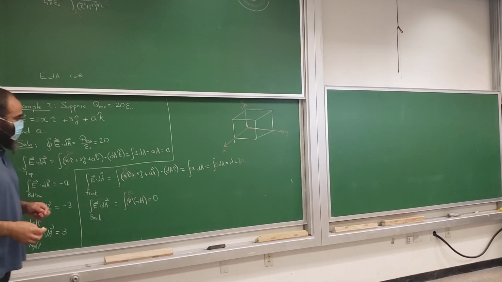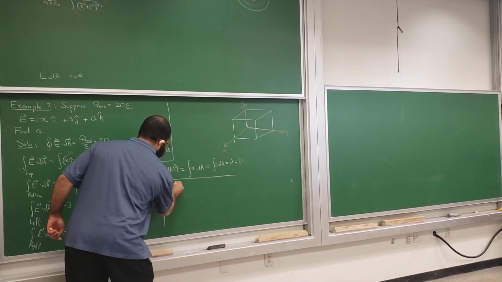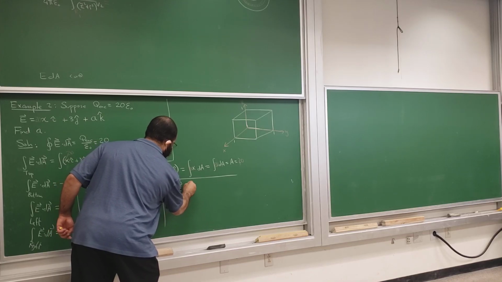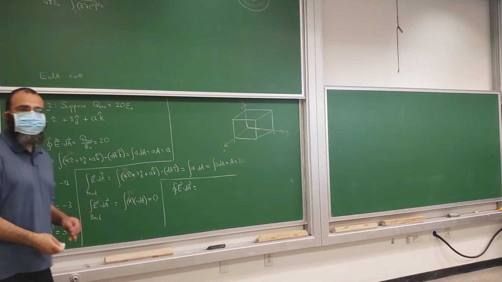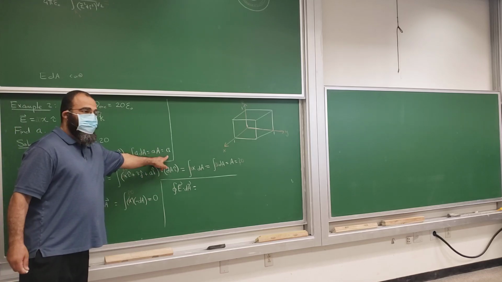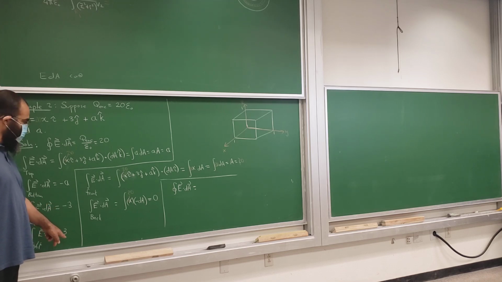So, what's the total flux? To get the total flux, you need to add all the fluxes: the flux through the top, bottom, left, right, and front and back. So you get a plus negative a, that's 0. Minus 3 plus 3, that's another 0.